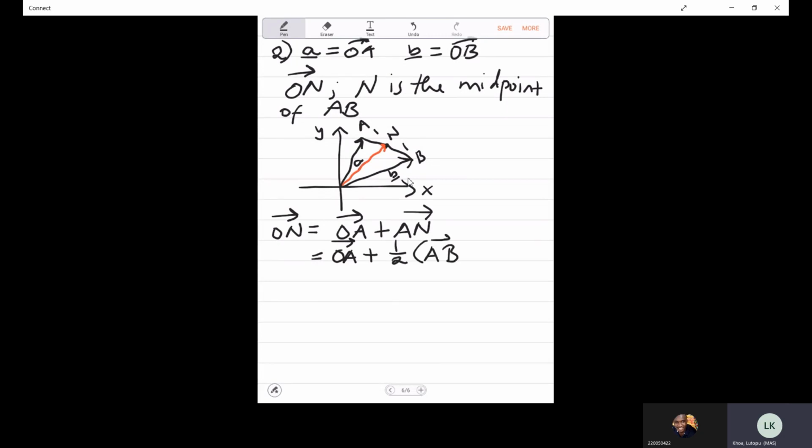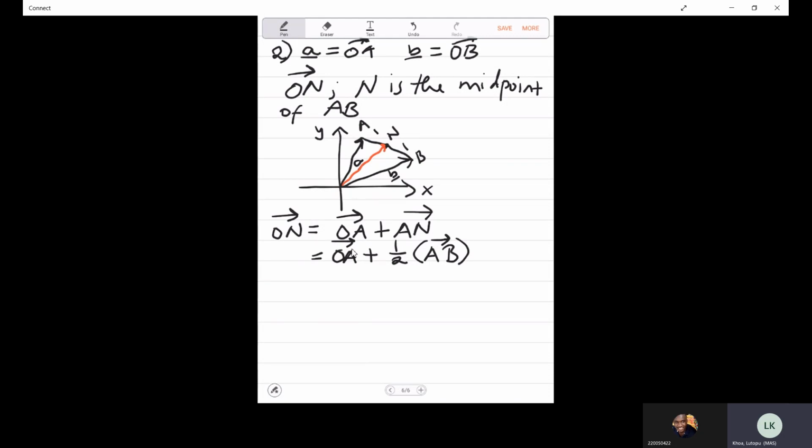And I'm using AB because I know how to work out the vector AB, because I know I can go from A to O and then from O to B. That's my vector AB.